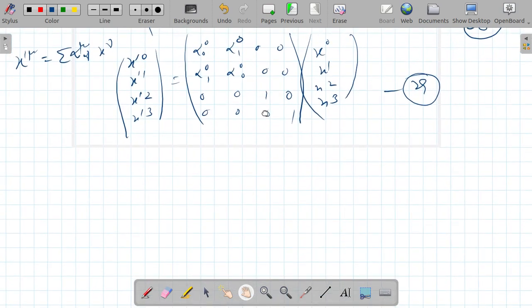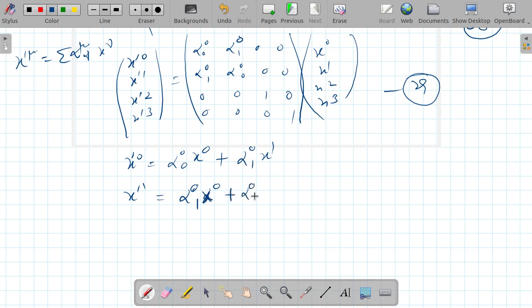So if I open this, x0 prime is equal to alpha 0 0 x0 plus alpha 0 1 x1, and x prime 1 is equal to alpha 0 1 x0 plus alpha 0 0 x1, and x prime 2 is equal to x2 and x prime 3 is equal to x3. Let me call it equation number 29a.